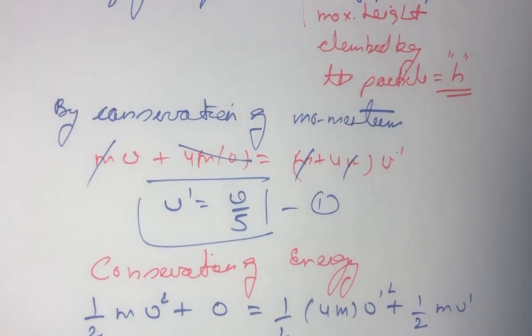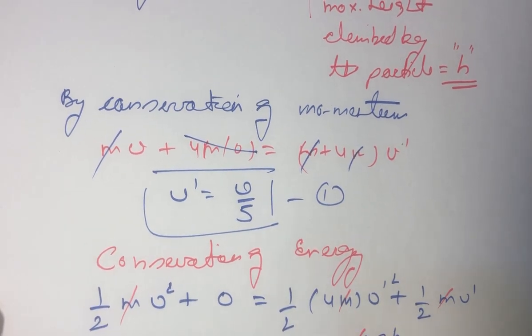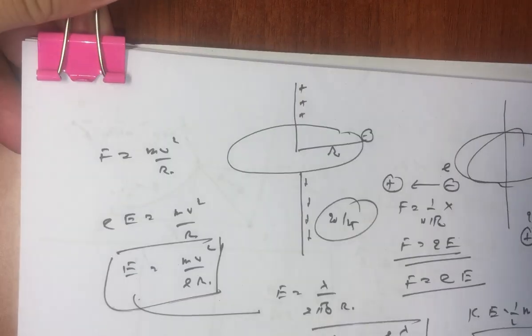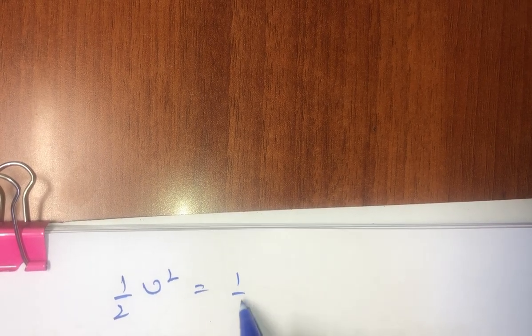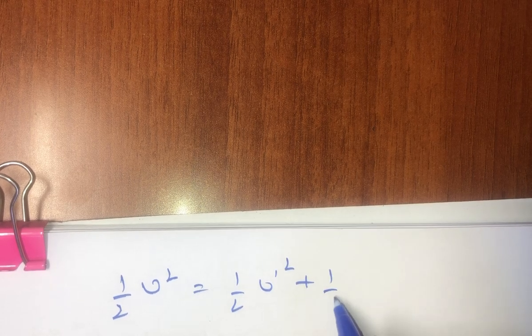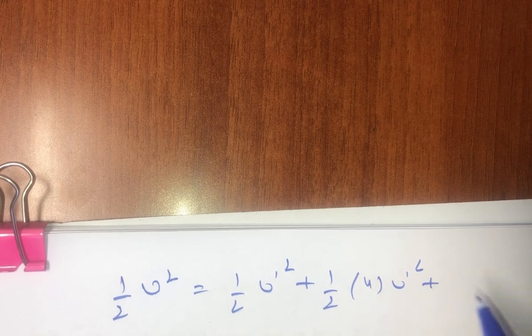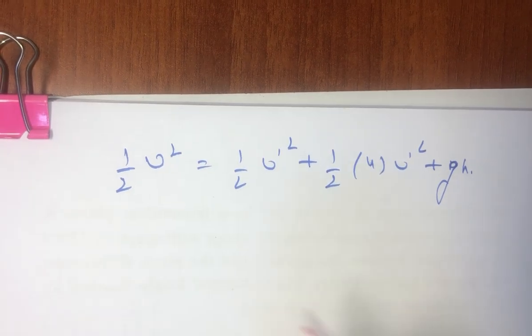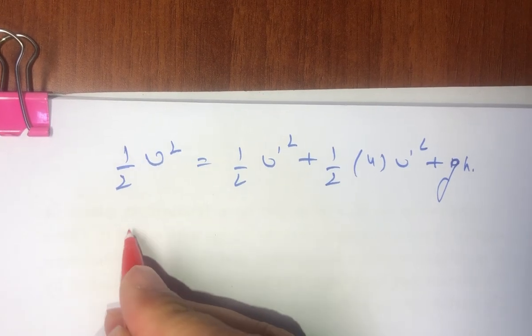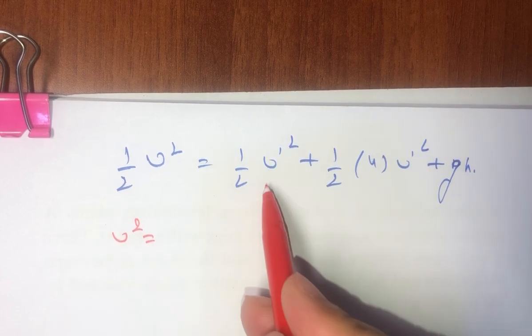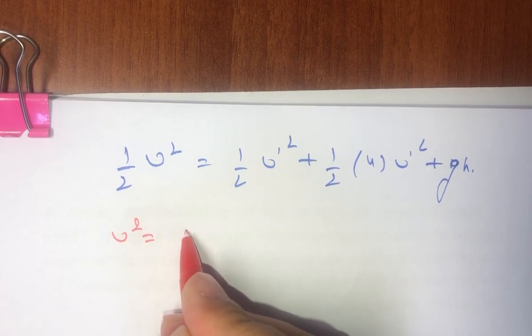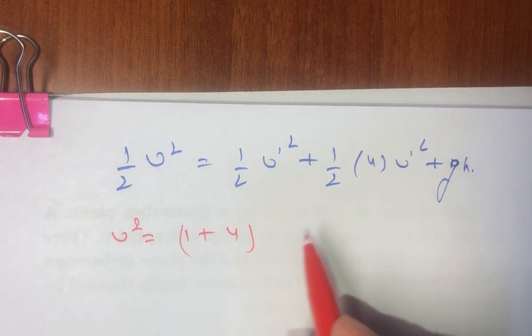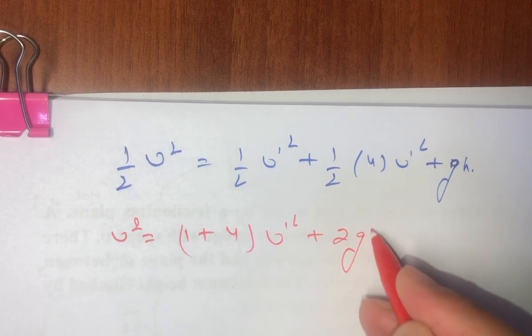So we can solve this further. From here m cancels out throughout, and we get half v square is equal to half v prime square plus half 4 v prime square plus gh, and this we can also write further as v square is equal to 1 plus 4 times v prime square plus 2gh.